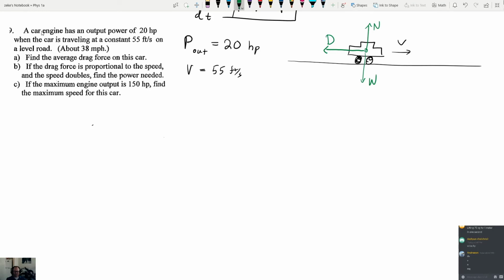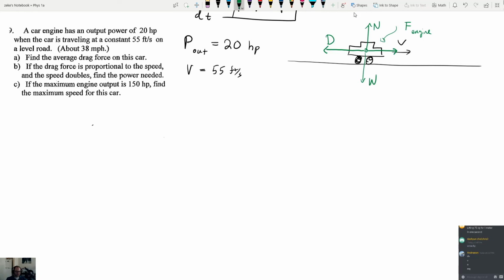Now, in the problem, it says a car engine has an output power of 20 horsepower. So I'm just going to say there's another force that acts this way, and I'm going to call that the force of the engine. Just consider this to be, after all of the losses that exist within the system, the force that the car is actually outputting.